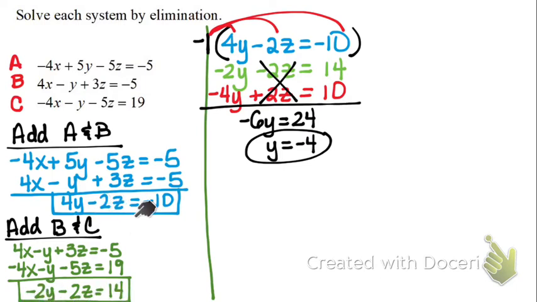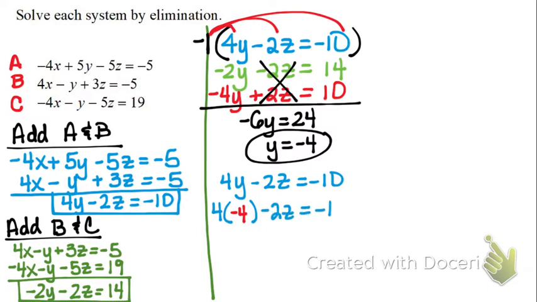All right, more blue, so I'm going to go ahead and use this one. So if I use that blue equation, that would be 4y minus 2z equals negative 10. So 4 times negative 4 minus 2z equals negative 10. Go ahead and try to solve it out from there.